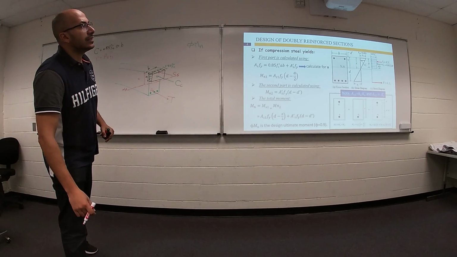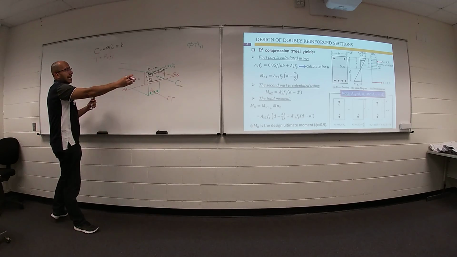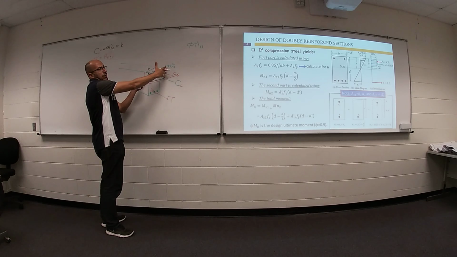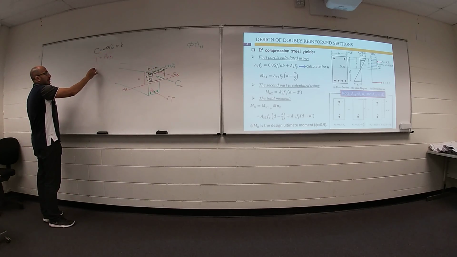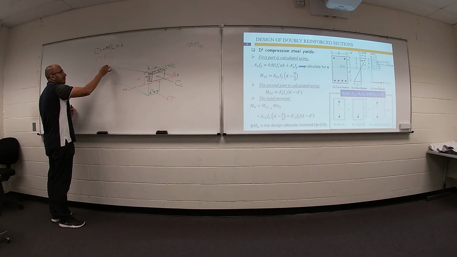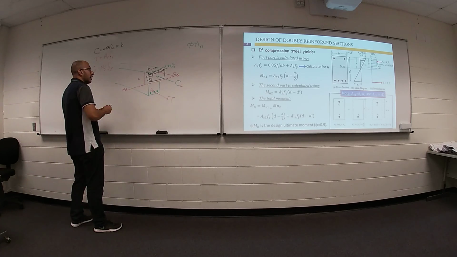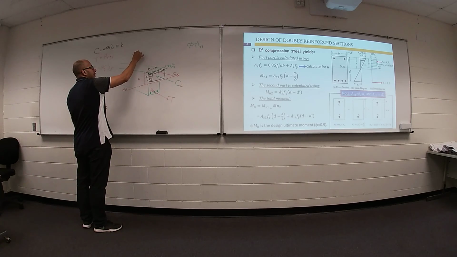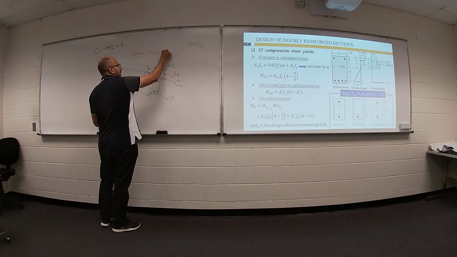So Cc will not change. It's the volume of this compressive block. What is the value of Cs? Any force in your steel equals your steel area times f yield. We will assume yielding in the compression steel.